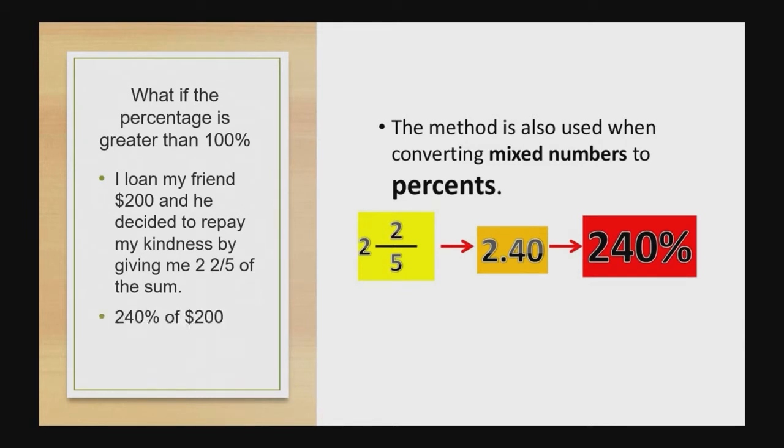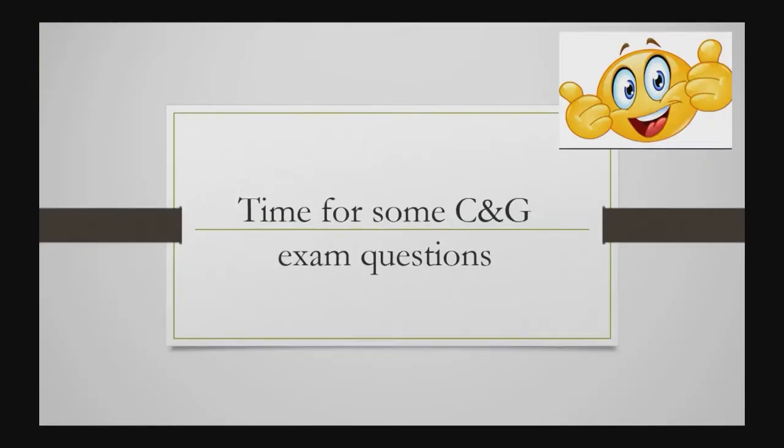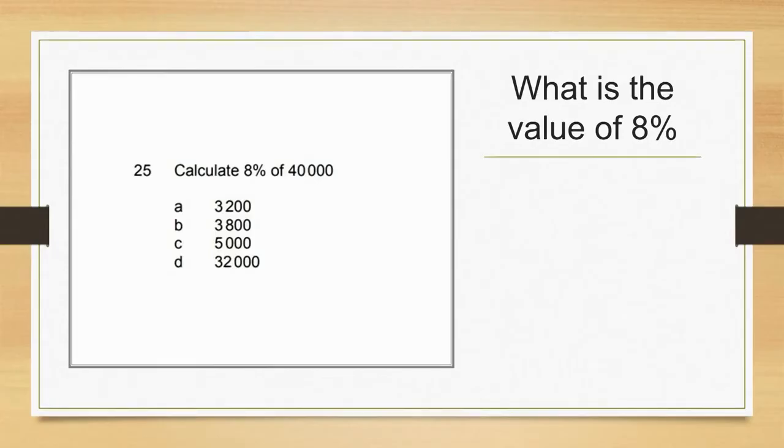So it's that time of day when we look at City and Guilds exam questions. Let's just look at the first one. We will work together. So calculate 8% of $40,000. Let us do this one on the board, guys. The first thing we can do, we can definitely figure out what is 1%.